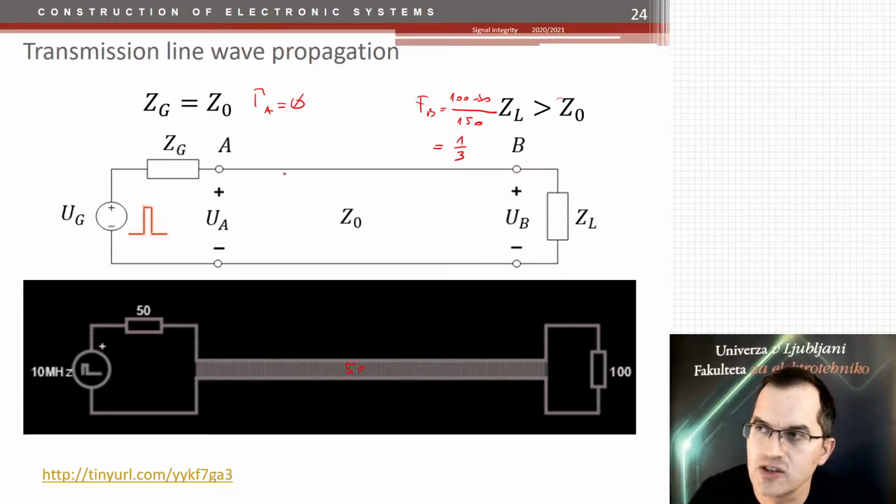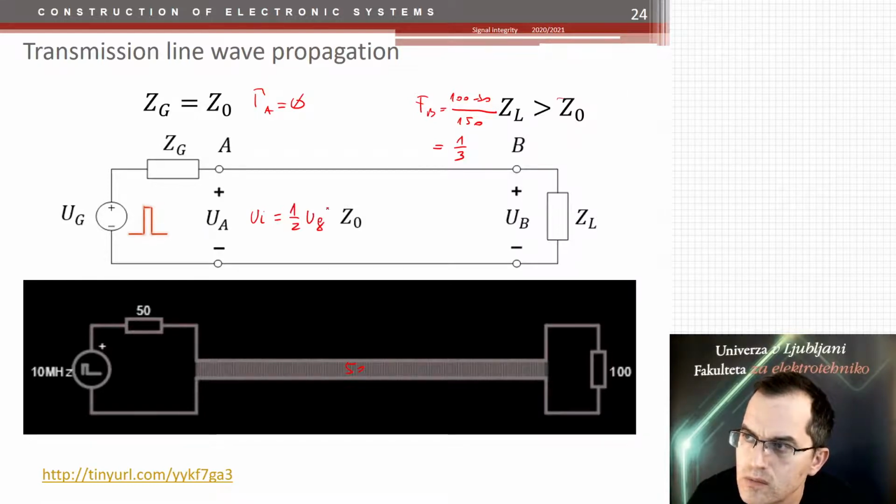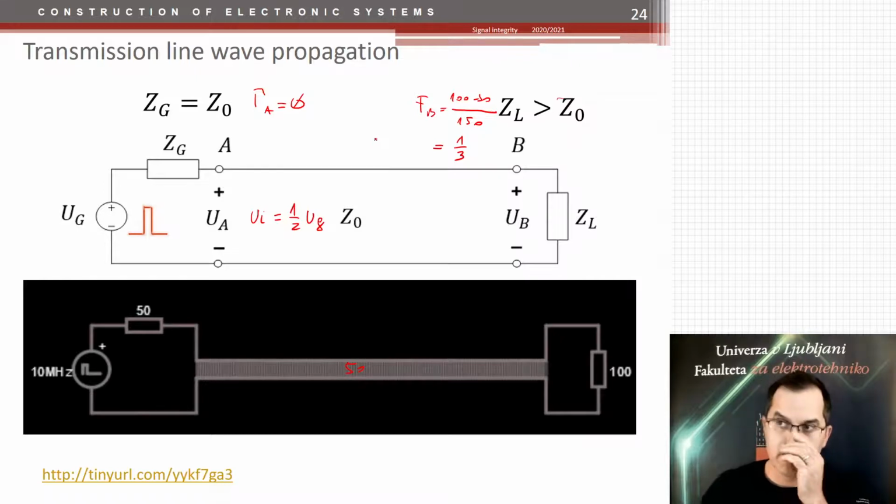How much is the initial voltage? The initial voltage that is generated here is half of the generator voltage. Half of the generator voltage goes there, then 1/3 is reflected back. Let me show you how that looks.